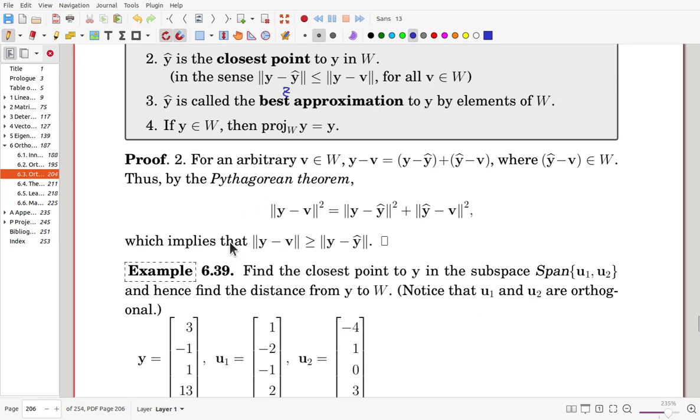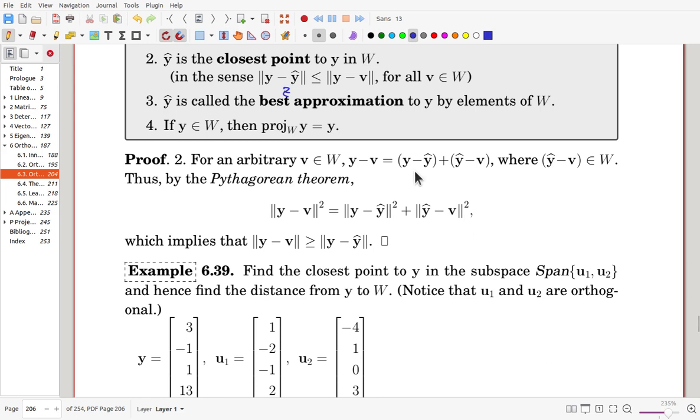For the second part, we can prove it easily. We choose an arbitrary vector v from W. Then y minus v can be written this way: y minus y hat plus y hat minus v. y minus y hat is orthogonal to W, but y hat is in W, and their combination must be in W. That is in W, that is in W perp.